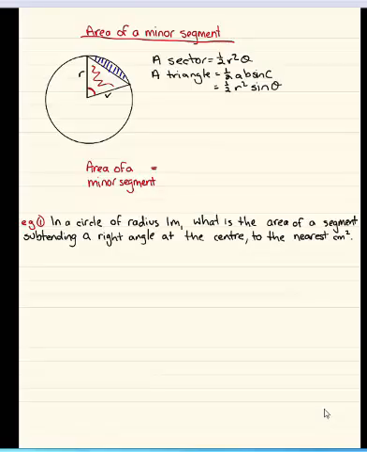Okay, so then to work out the minor segment, we take the area of the sector and we subtract the area of the triangle.